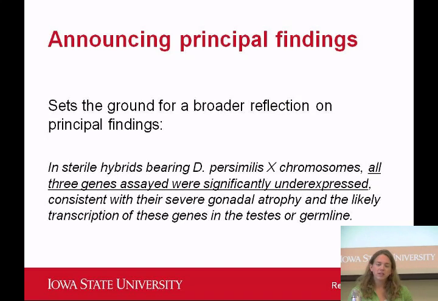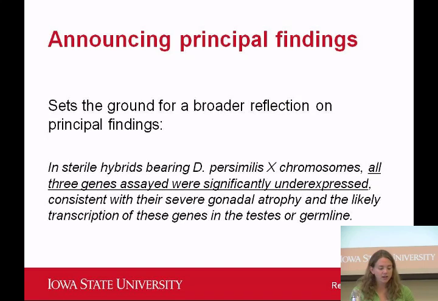And you really want to discuss in a broad sense what your findings mean. Again, this step, like the one before it, can be achieved through the use of charts, graphs, and other sorts of visual representations. So we've got one example here.